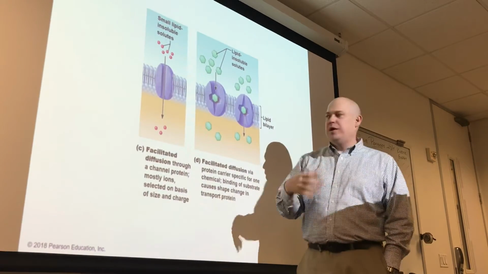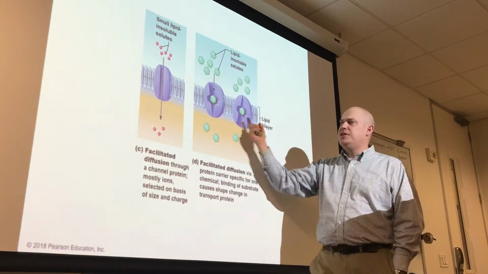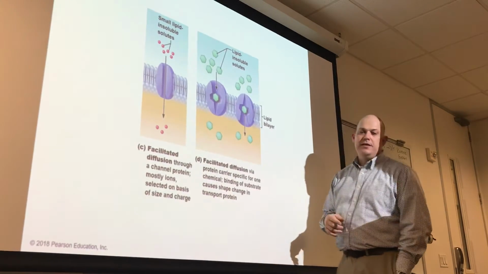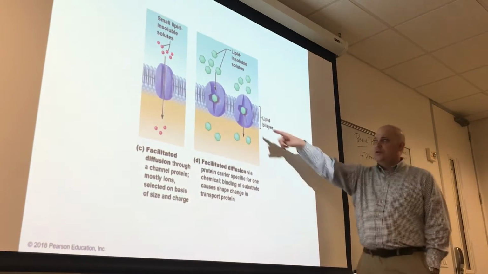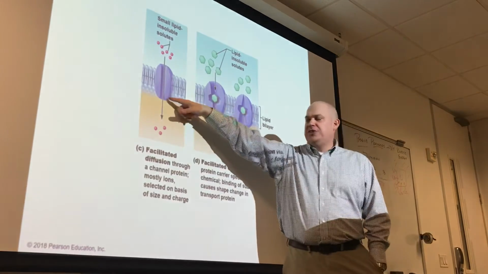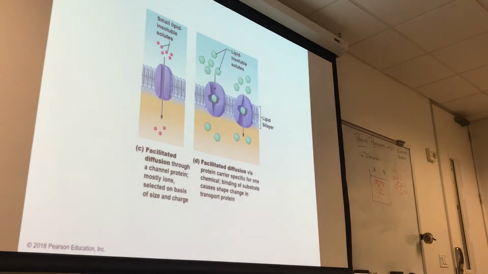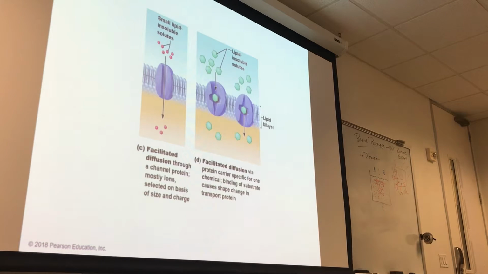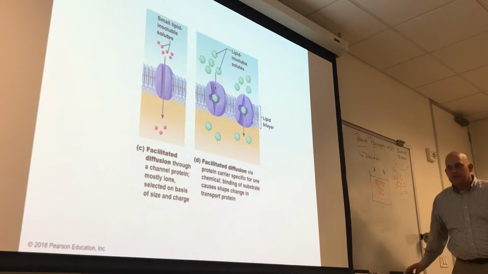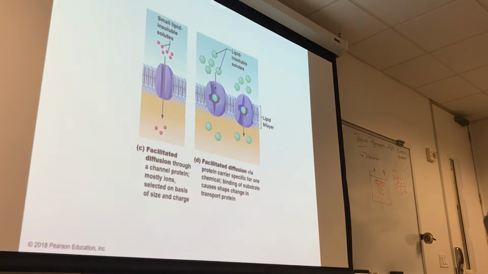So as a result, the way that we move them is by using these protein channels that we talked about on Tuesday. And these channels will, in one way, shape, form, or fashion, allow for us to move these particles into the cell. Again, via diffusion, no energy required. This is happening due to general kinetic energy. So again, we call this facilitated diffusion.